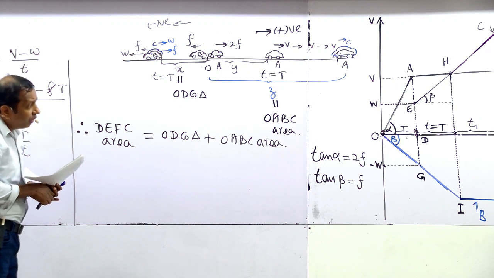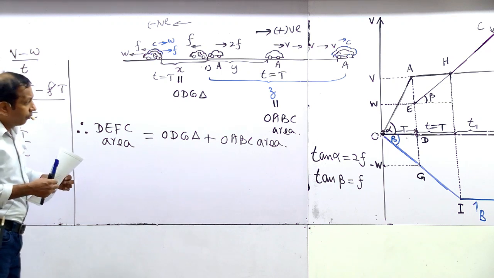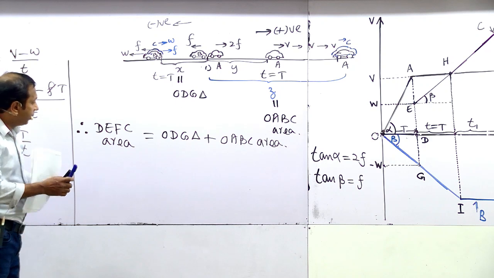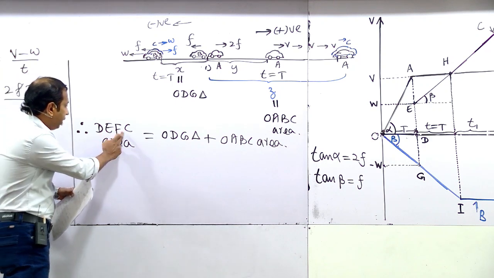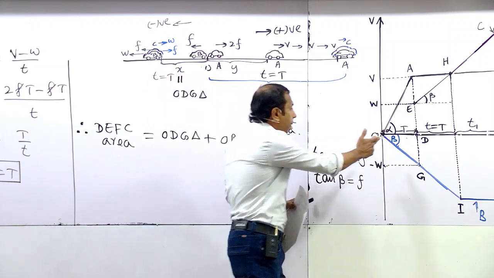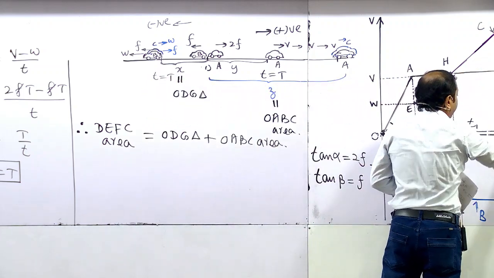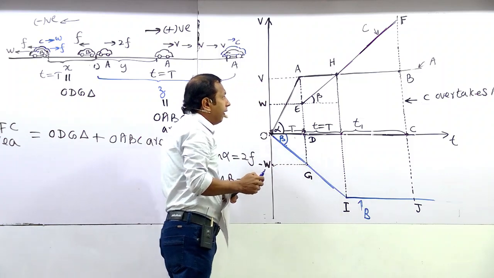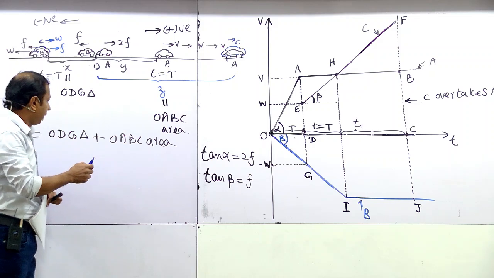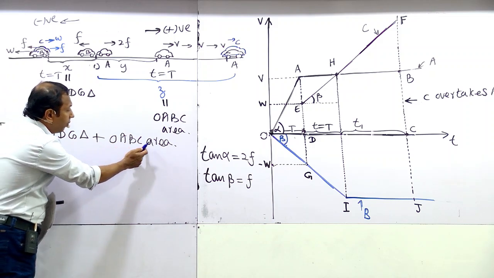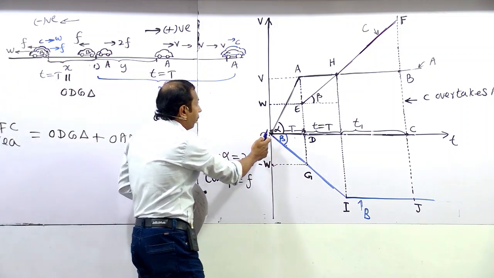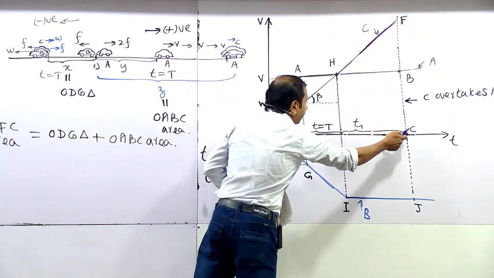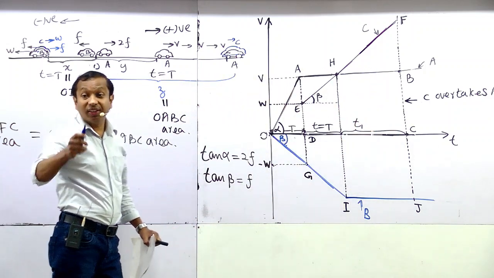People, now you can see in the left hand side, DEFC area means this, no? DEFC area. And this on the right hand side, OABC area. There is a common area.